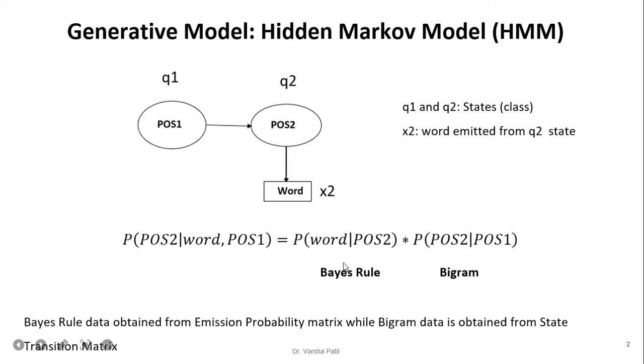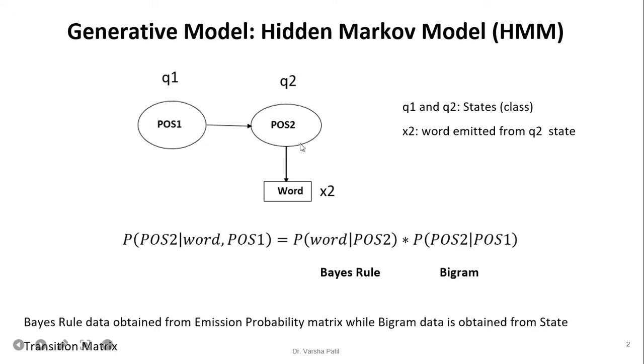Hidden Markov model is the combination of state transition and emission. For state transition we are using the bigram, so here we restricted our discussion up to bigram. Here we can also go for trigram, fourgram. And for emission probability we are using the Bayes rule. So basically the formula for hidden Markov model is: what is the probability of POS 2 given the word and the POS 1.